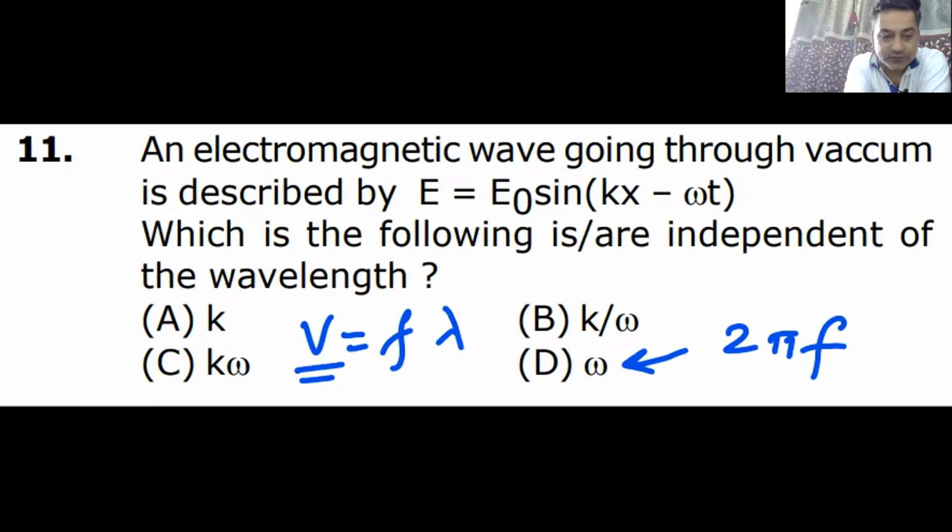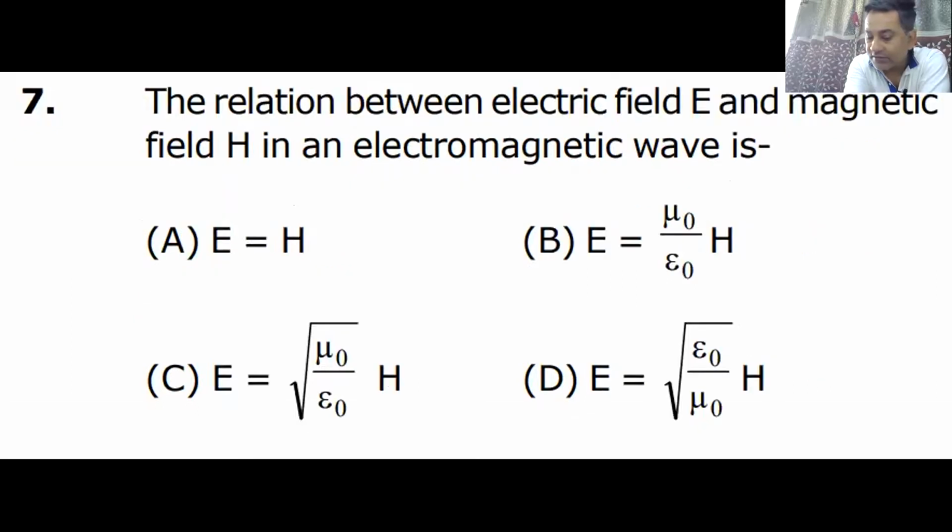Next question is this one, asked in a different way. Can I have the answer for this one? This H is not a term that you have read, but it's also magnetic field.